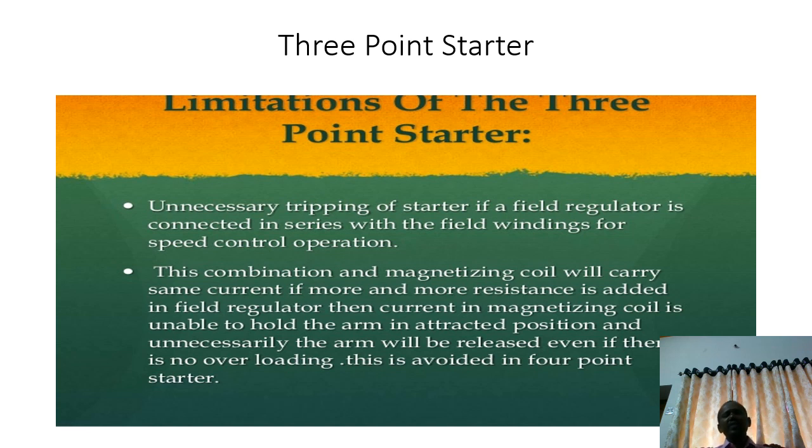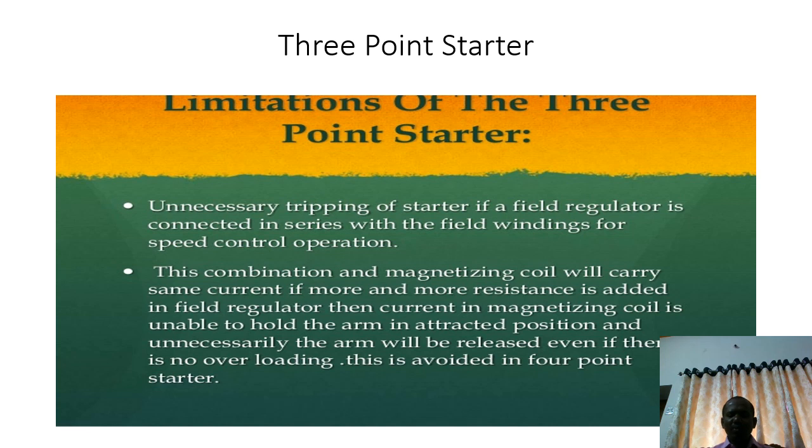There are some limitations of three-point starters. There is unnecessary tripping of the starter if a field regulator is connected in series with the field winding for speed control. This combination and the magnetizing coil will carry the same current.